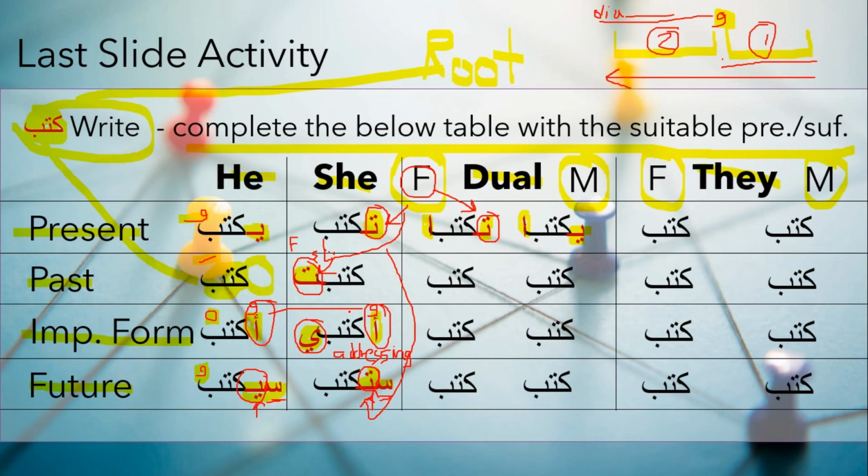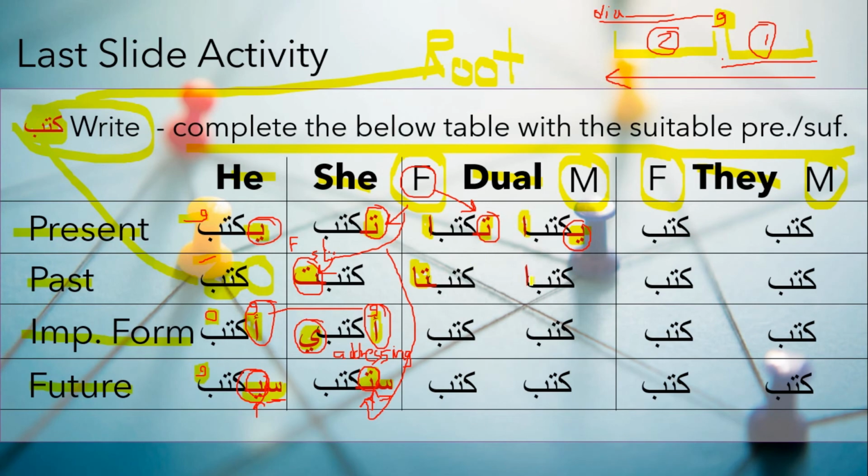Regardless of the imperative form, ya al-mukhataba, this is a different, exceptional rule. And for he, in the present tense, and in the dual, I'm using exactly the same, ya. And in the future, ya. I'm just trying to connect the information for you to make it easy for you to understand or to retain.